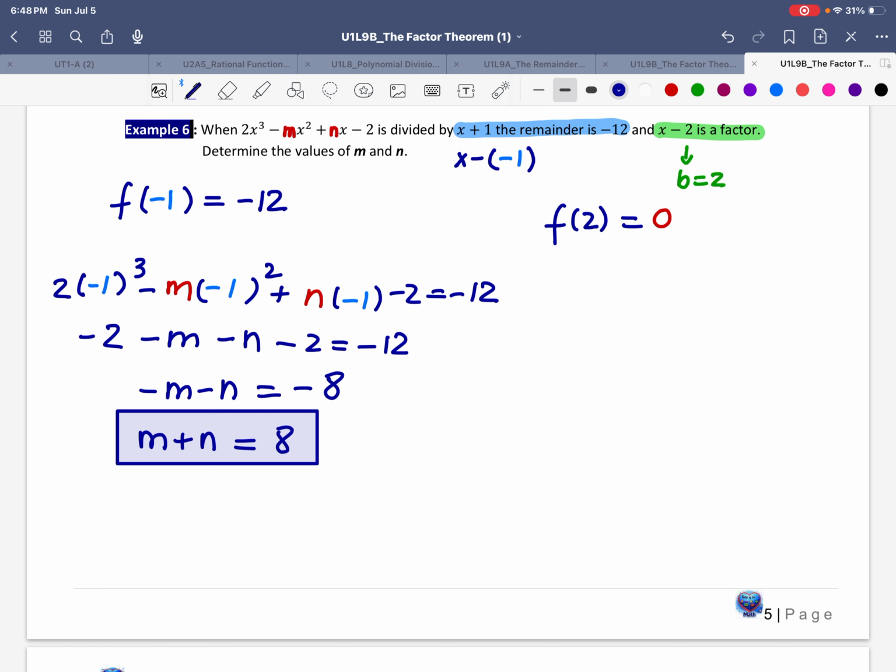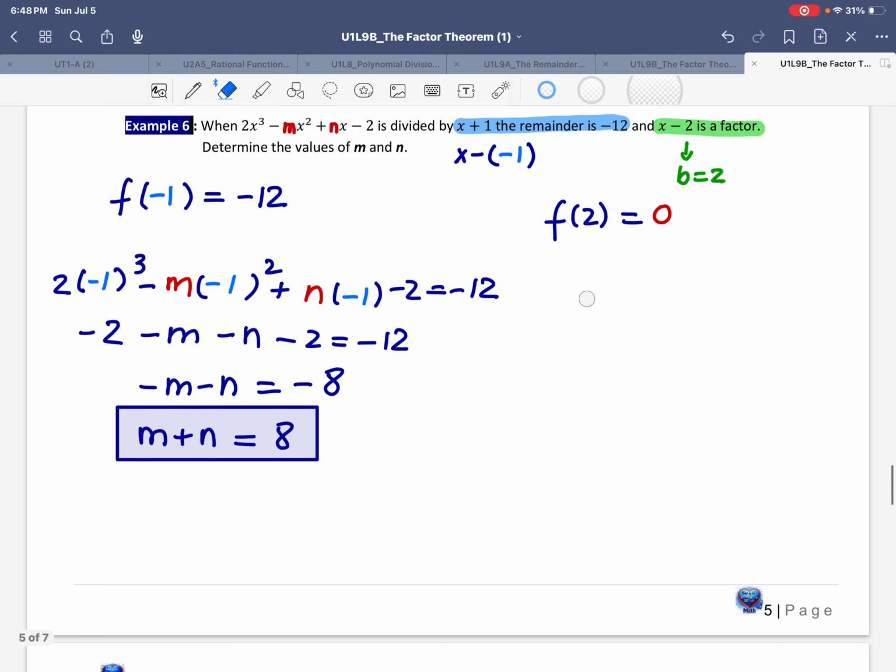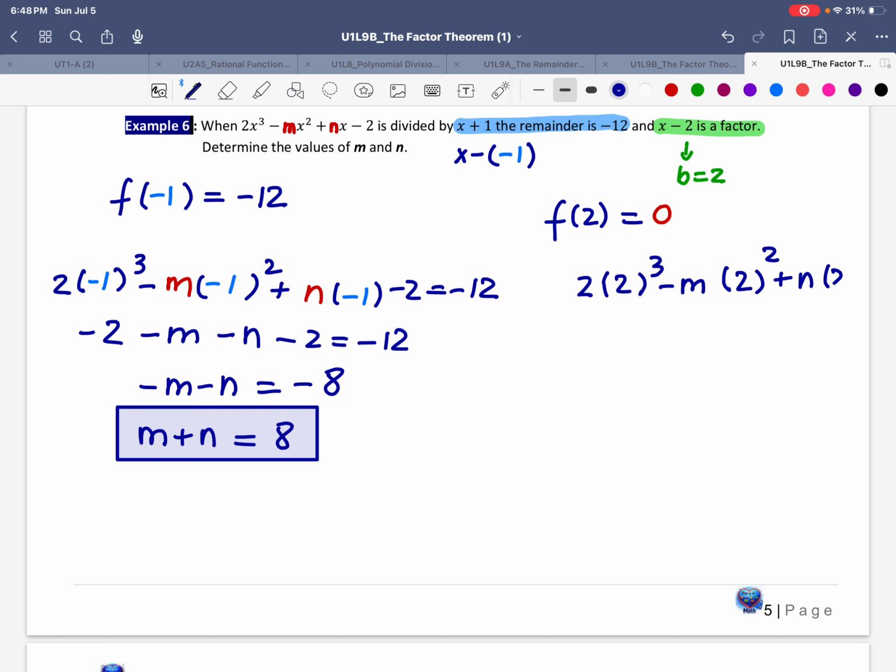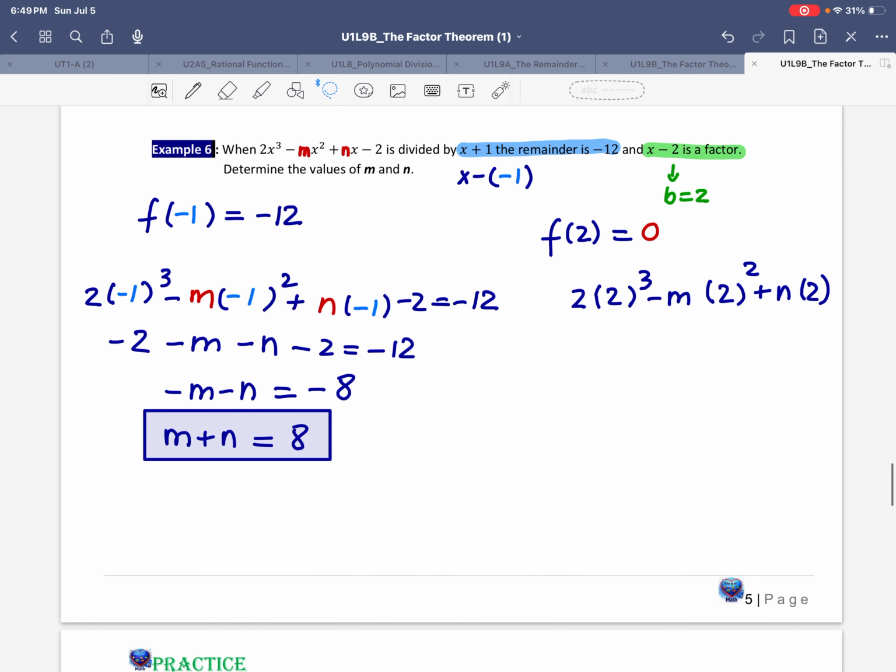Now, f of 2 is 0 means that 2 times 2 to the power of 3 minus m times 2 to the power of 2 plus n times 2 minus 2 equals 0. I think we need to make a little bit of room here.